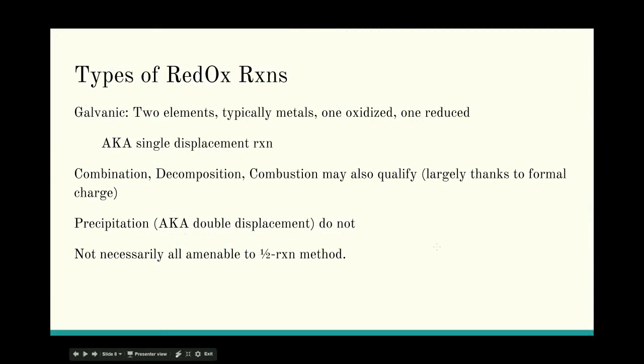All right. Other kinds of reactions that might be redox reactions are combination reactions. Carbon plus oxygen make carbon dioxide, for example. Decomposition reaction, calcium carbonate decomposing into calcium oxide plus carbon dioxide, for example, might qualify, might not. And combustion is another reaction. Combustion is fairly popular because you can break combustion up into several different steps to try and isolate the various oxidations and reductions that are taking place.